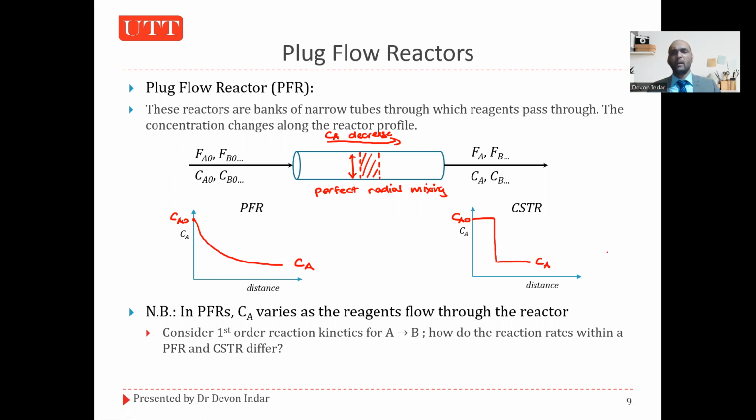Well, in your CSTR, since the concentration of A immediately drops to the output, or the lowest value in this case, minus RA immediately drops to the lowest value. Whereas in your plug flow reactor, there's a much more gradual decrease in CA. So your RA decreases gradually.